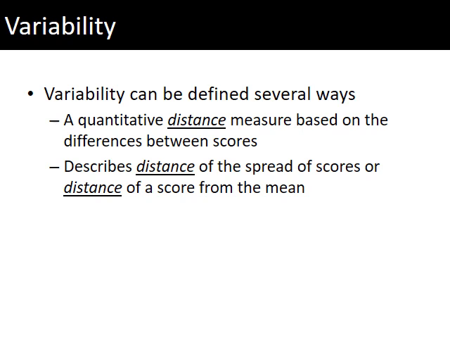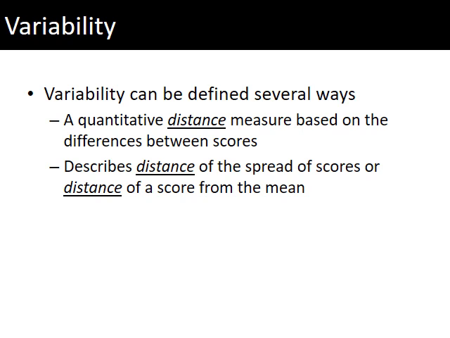So understanding variance and how to quantify it is key to applying statistical analysis to data. Variability can be defined several ways. It refers to a quantitative distance measure based on the differences between scores. So how variable are your scores?